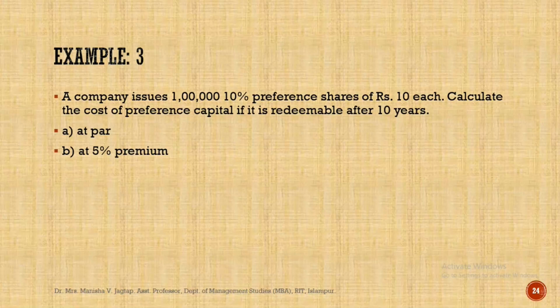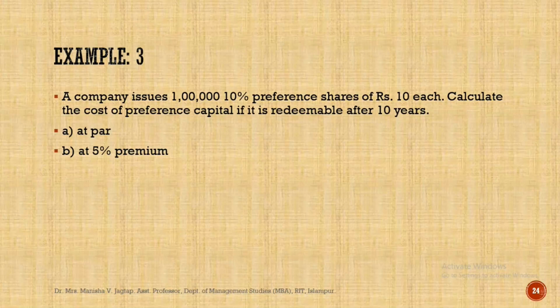That means the period is 10 years, and the redemption value of the shares is rupees 10 each, and 1 lakh shares are issued by the company. That means the redemption value must be 10 lakh, and 10% is the rate of dividend. So this is the information given in the example.